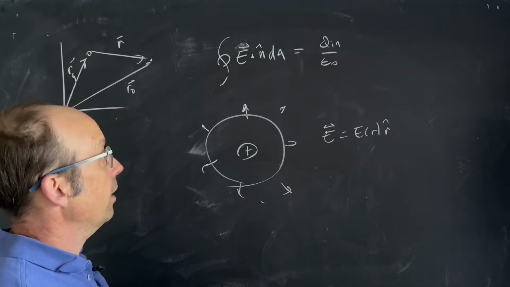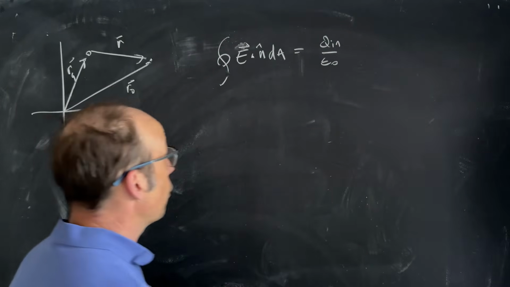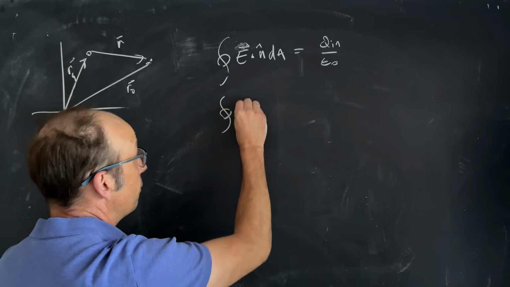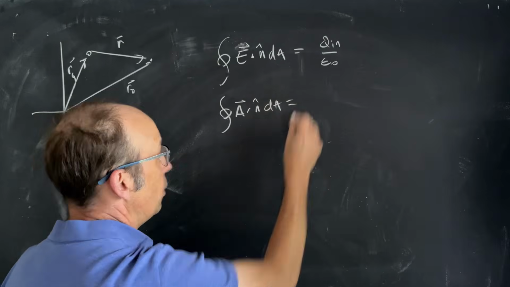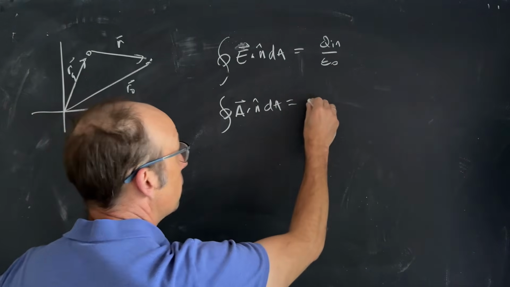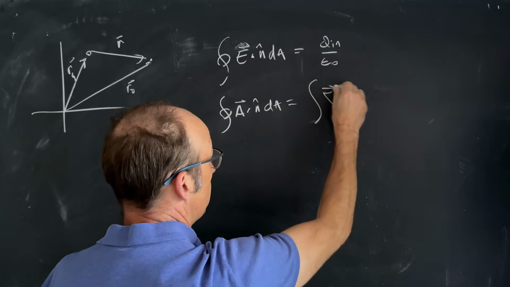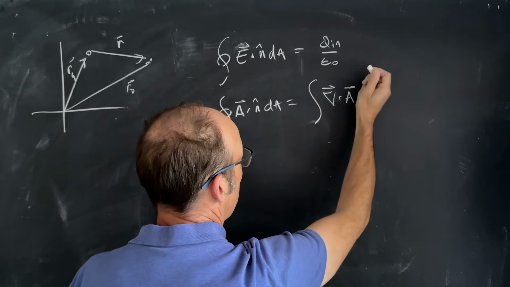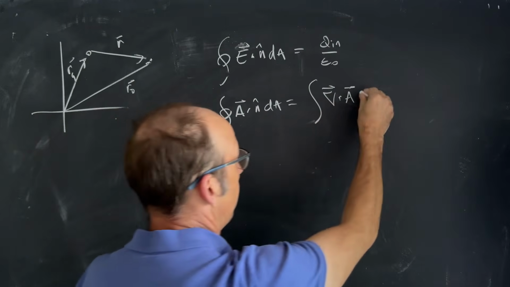Okay, that's Gauss's law. Now, according to the divergence theorem, the integral of some vector A dot n hat dA is equal to the volume integral of del dot A dV, because that's a scalar, dV.